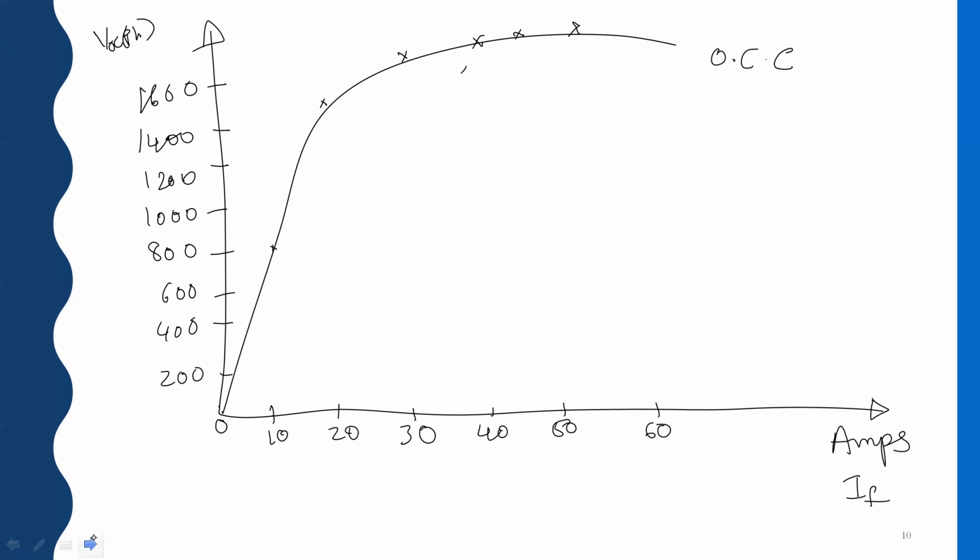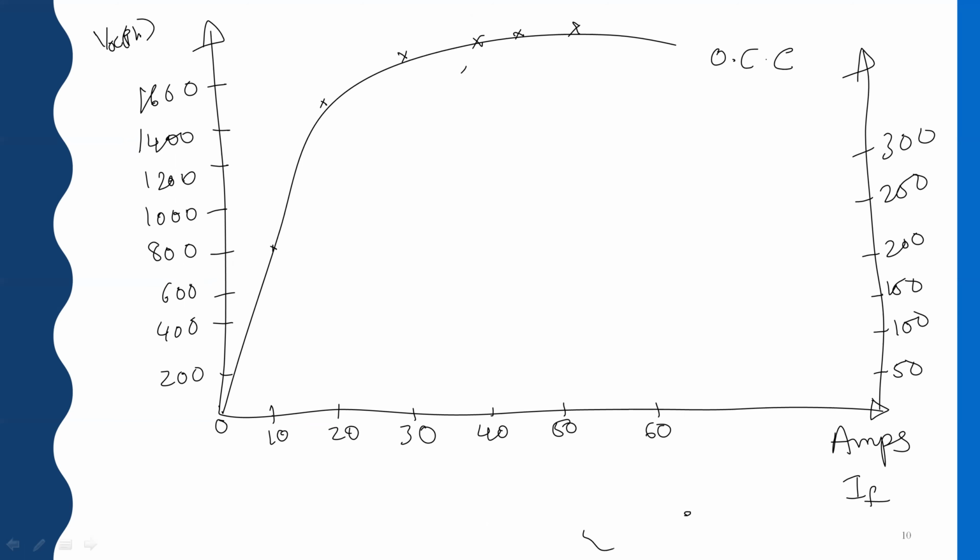So I'll be taking one more scale on this side, marking it as 50, 100, 150, 200, 250, 300. This is my ISC current.